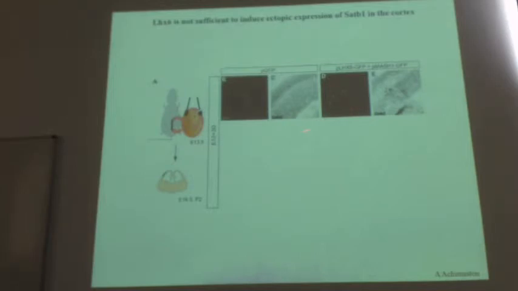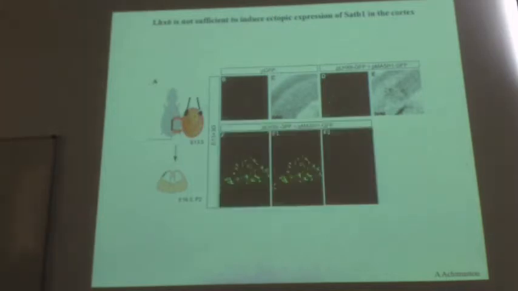And we see that quite a lot of the markers that we identified in our microarray experiments as potentially downstream targets of LHX6 are upregulated, and I'm showing you this example here. Unfortunately, that was not the case for SADB1. When we overexpress LHX6 in cortical progenitors, we don't manage to induce the expression of SADB1.